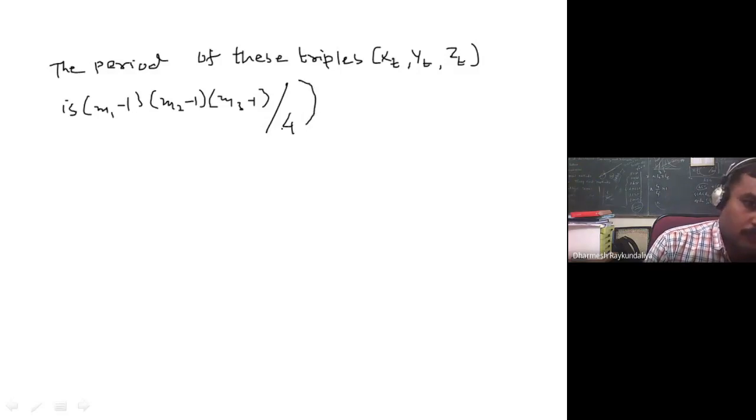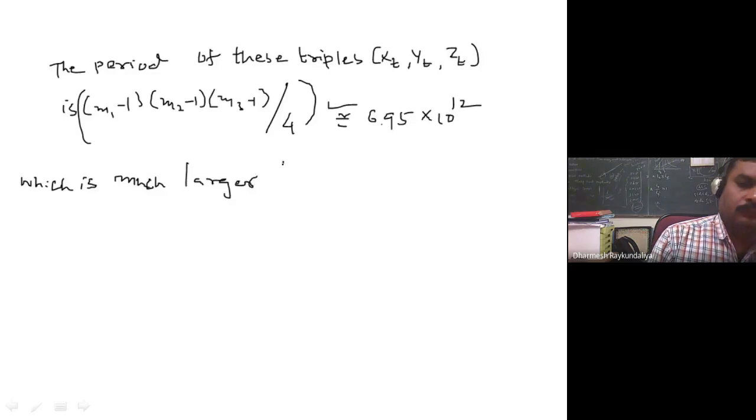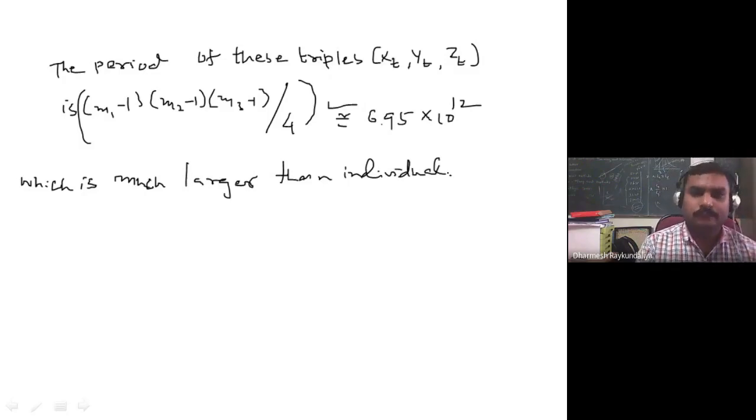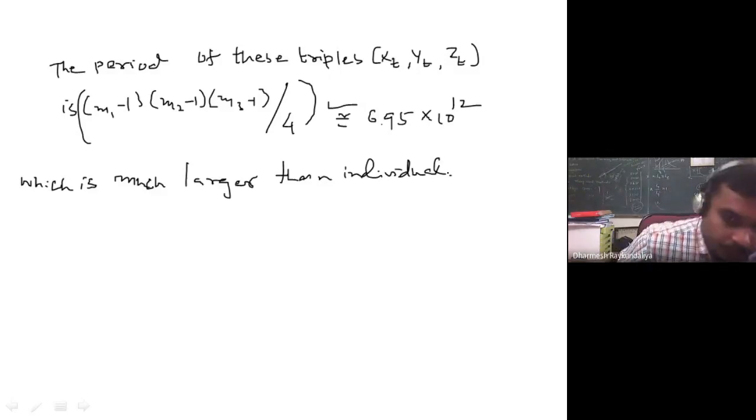Sorry, this should be the period. And that is approximately 6.95 into 10 raised to 12, which is much larger than the individual ones. It is much larger than the individuals.